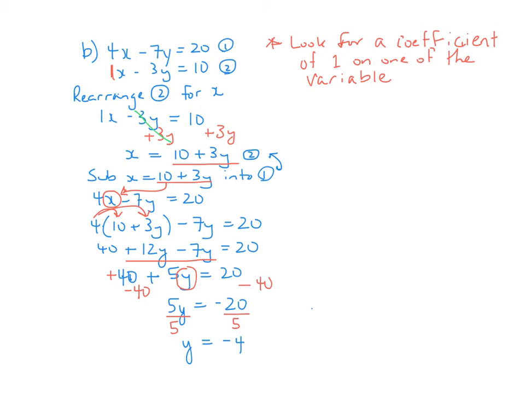So we have the y-coordinate of our intersection point, but we're not done quite yet. We don't have the x-coordinate yet, so at this point, we're going to take that value of y and substitute it back into that equation that we solved for x. I'll underline it in yellow, right here we had x being equal to 10 plus 3y.